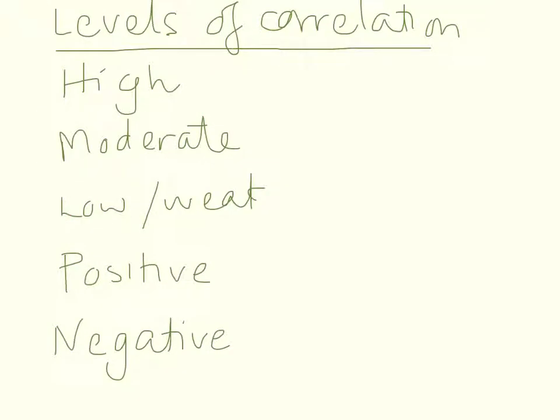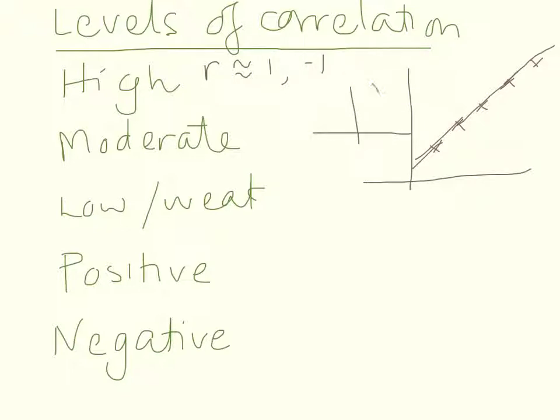Okay, so levels of correlation. A high correlation is when there's a very strong trend and you could draw a line almost exactly through all points. That is when R is close to 1 or -1. -1 would indicate a strong relationship but in a negative direction.